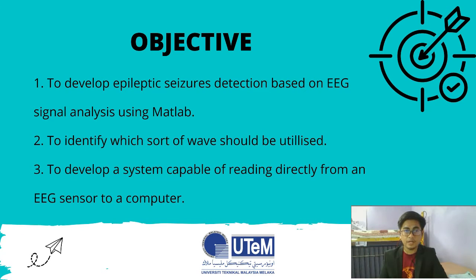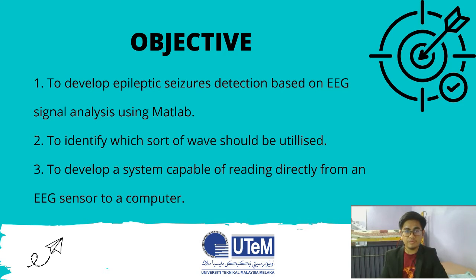Okay, next, the objectives of this project. Firstly, to develop epileptic seizure detection based on EEG signal analysis using MATLAB. So the detection is developed by using EEG data from the University of Bonn. Secondly, to identify which sort of wave should be utilized, for example, standard deviation, power spectrum, or wavelet energy.